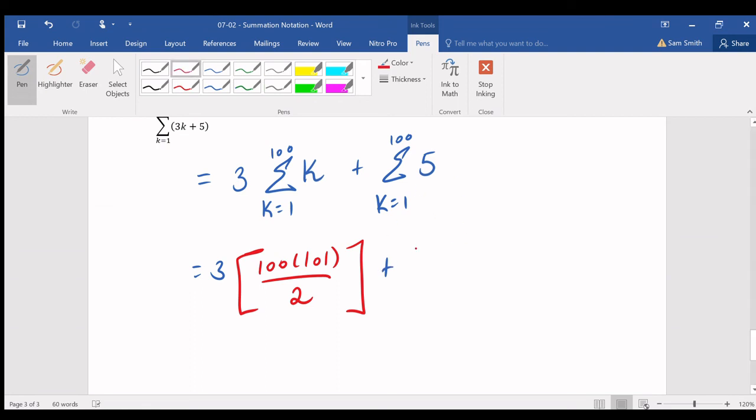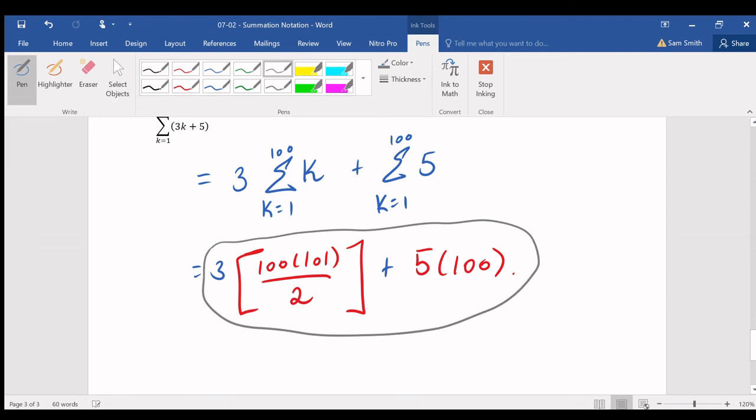Take the constant 5 and multiply that by the capital N that we have. And this number, when it's simplified, will be the value of the sum that we were asked to find. So using these rules in combination with these three common summation formulas will help you to quickly calculate the value of most of the sums that you'll encounter in this class.